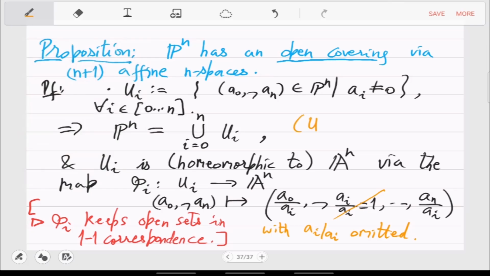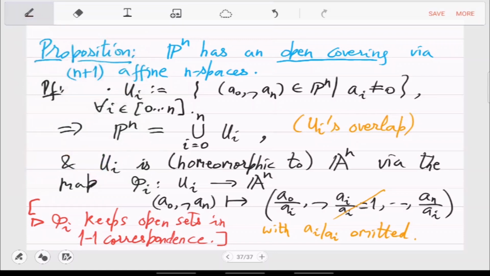which is why you don't get the correct count. You cannot just say that n plus 1 times the size of Ui is equal to the size of P to the n. Okay, there is a heavy overlap. These things are overlapping. So cover doesn't mean that it's a disjoint cover.